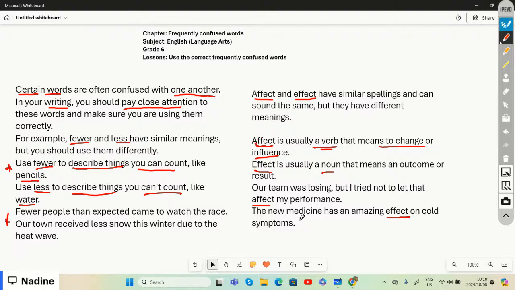We said affect is usually a verb that means to change or to influence, whereas effect is usually a noun that means an outcome or result.